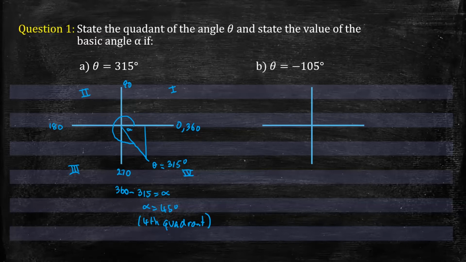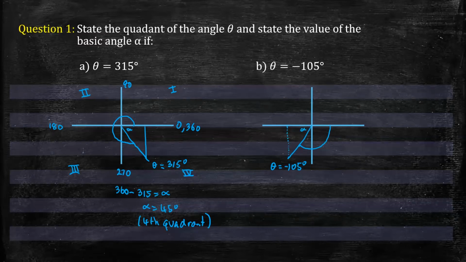In question B, the angle is a negative angle, so we'll go backwards this time. So we'll go from our 4th quadrant, which is here. This is 90 degrees. So this is about negative 105 degrees, roughly around there. So we form a triangle with the x-axis, and our alpha angle will be here.